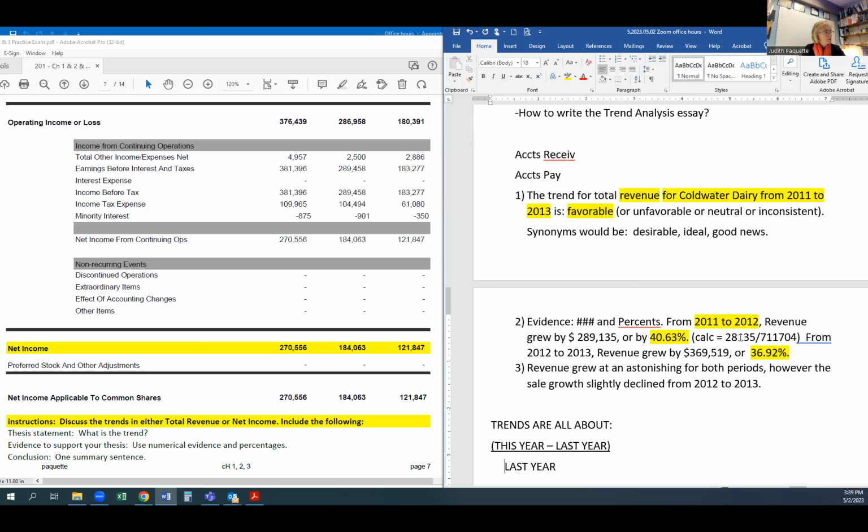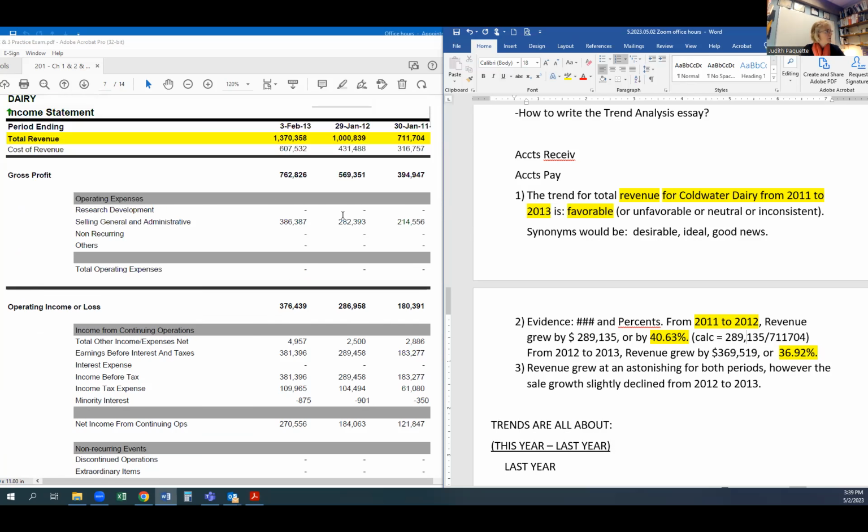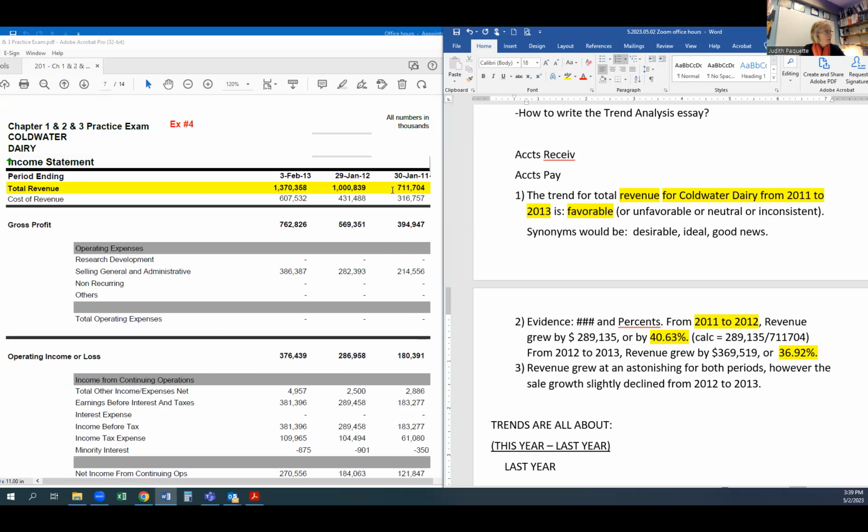So we say, what's the difference here? 289,135. You calculate that difference, and then you go to the previous year. So that's what we did here. 1,000,000 minus 711,704 is 289,135, divided by the last year, the earlier year.